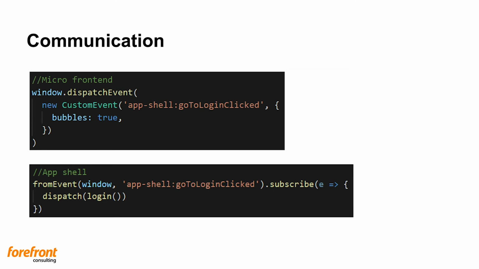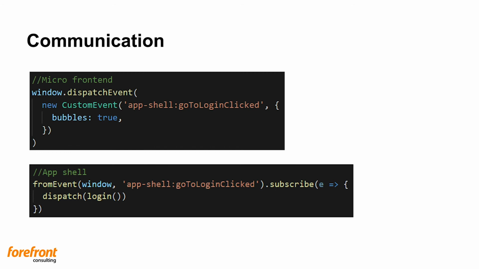And you'll notice also that we've used fromEvent here. In this case, we're using RxJS observables to subscribe to this. The advantage to this approach, in other words, is we can use different kinds of libraries in different applications if we want to. We're not all required to use the exact same way of communication.